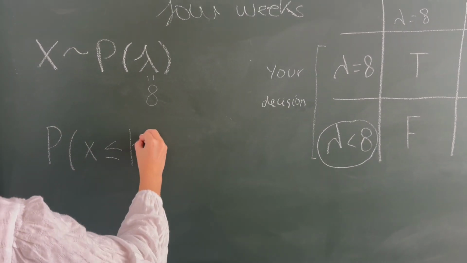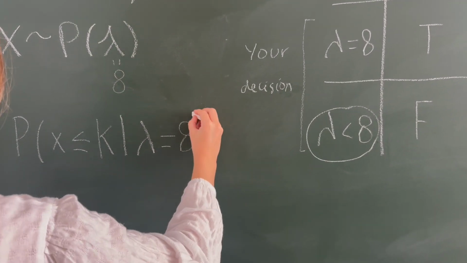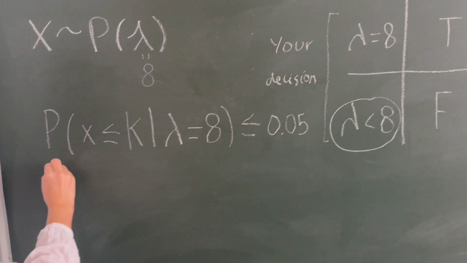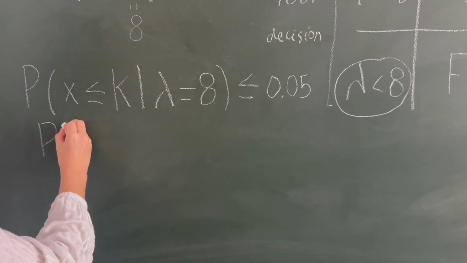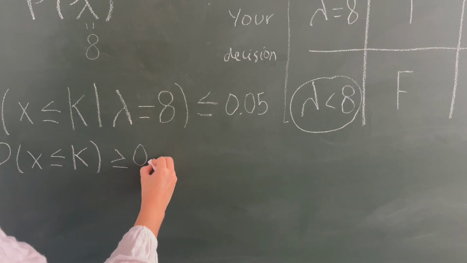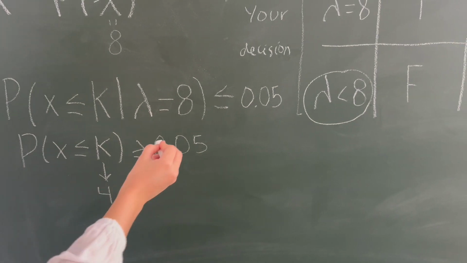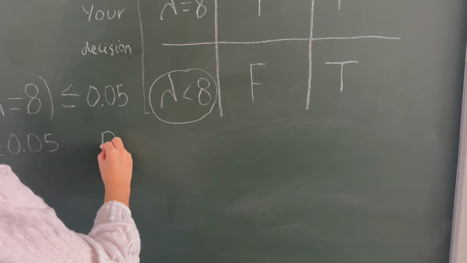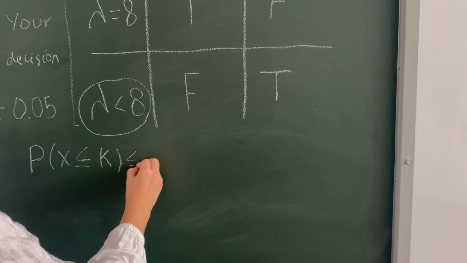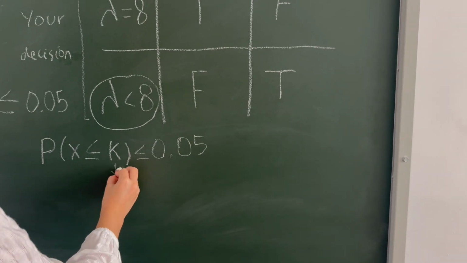So now we need to calculate the value of k. Specifically, we want the probability that X is lower than or equal to k to be lower than or equal to 5%, which is the probability of making a mistake in this decision. However, we cannot directly calculate the value of k that is being asked, as using our calculator we can only calculate the quantile of the probability of X being lower than or equal to k being higher than or equal to 5%.